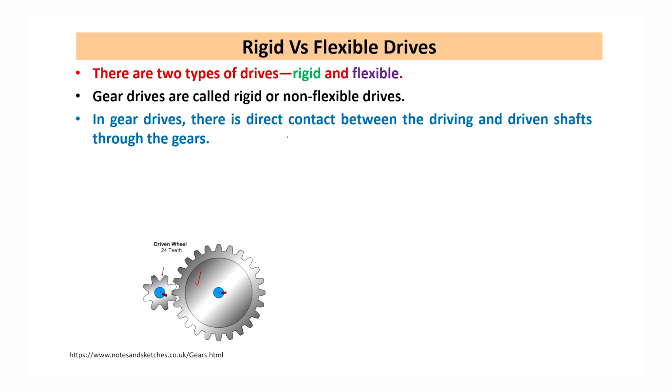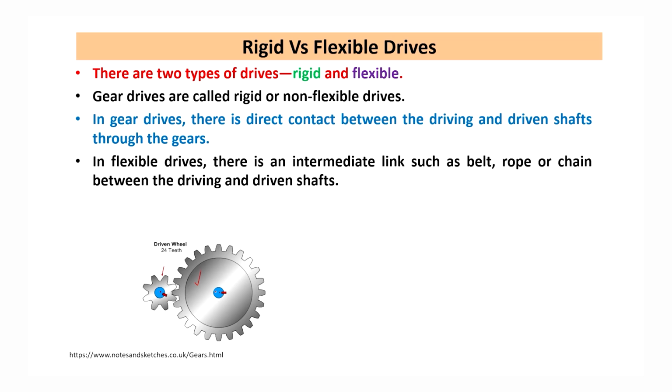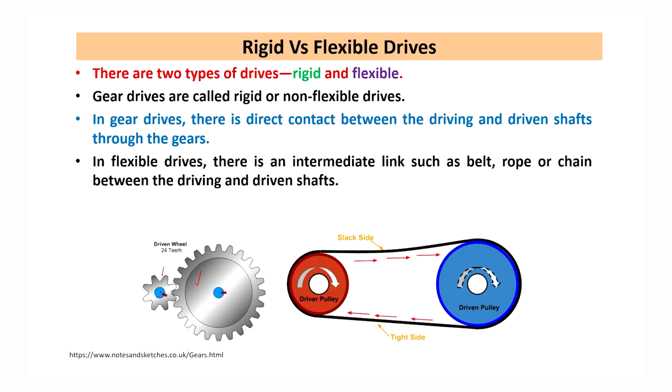So, there is direct contact between the driving and the driven shaft through the gears. In the flexible drives, there is an intermediate link such as belt, in this case is the belt, rope or chain between the driving and the driven shaft.